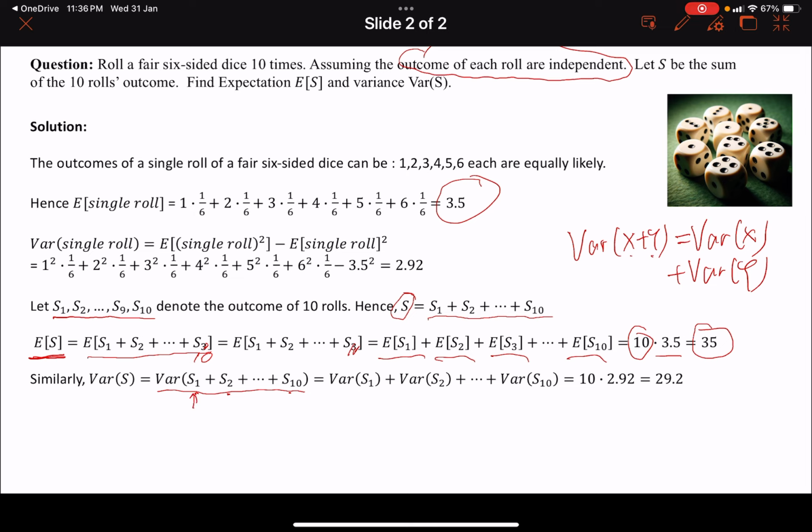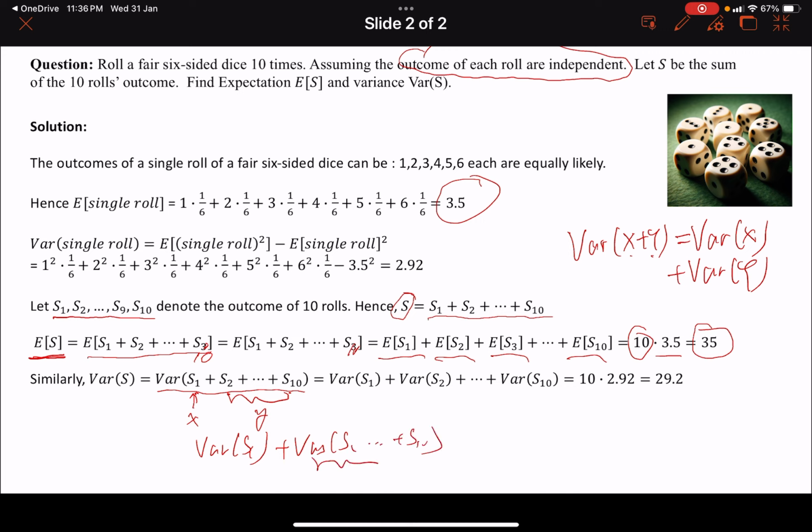You can think in this manner: we first treat X1 as X, and the rest as Y. Then we can decompose it into the variance of X1 plus the variance of X2 until X10.